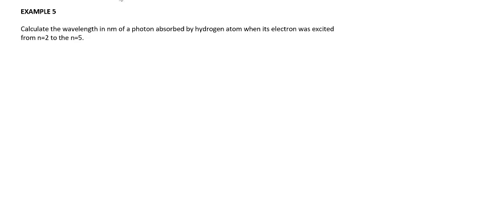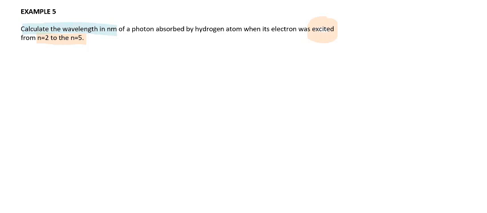So if you look at the question, dia minta calculate the wavelength in nanometer of a photon absorbed by hydrogen atom when its electron was excited from n is equals to 2 to n is equals to 5. Excite ni means that dia naik ke atas.